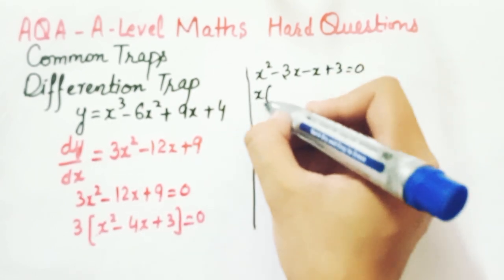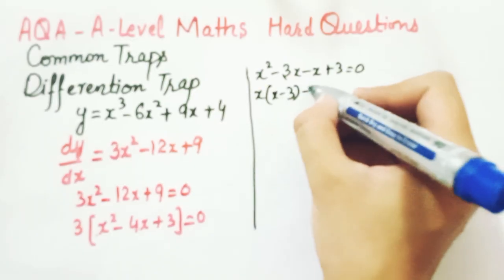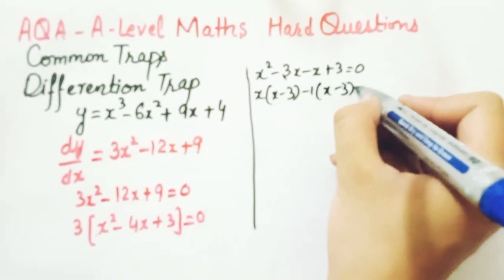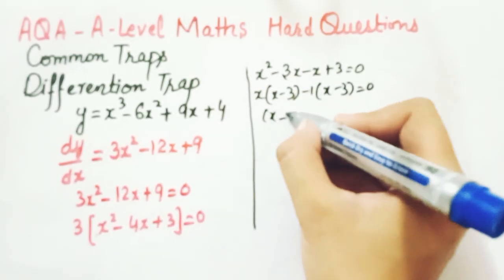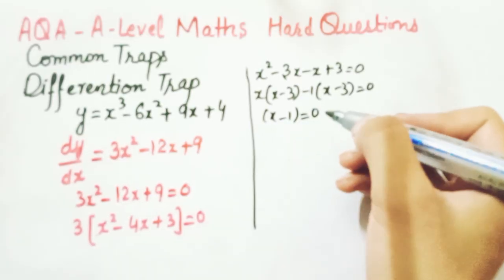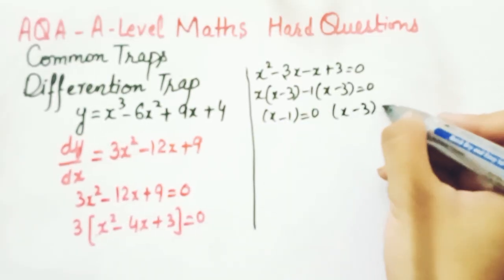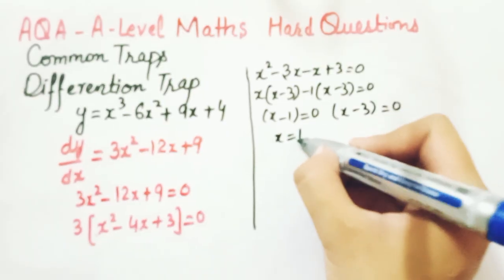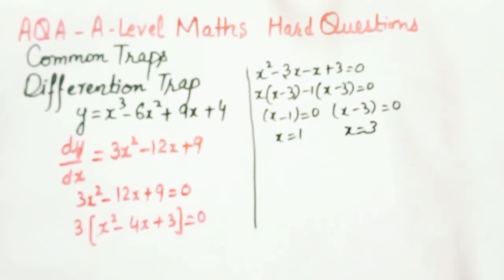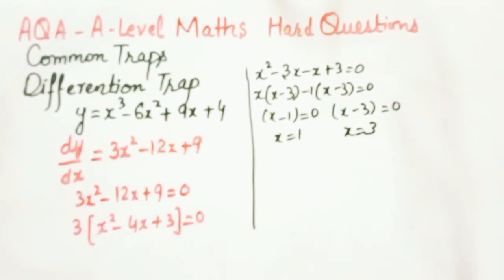We take x as common, so x minus 3 is common, giving x minus 3 times x minus 1 equals 0. So x minus 1 equals 0 and x minus 3 equals 0, which implies x equals 1 and x equals 3. These are the two values.